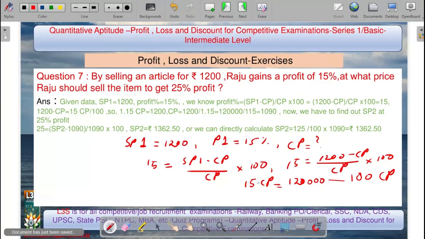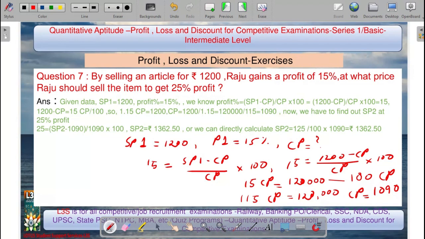If we change it, we get 115 CP is equal to 120,000. Then CP will be 120,000 divided by 115, and that will be equal to 1090. This is the value of CP.